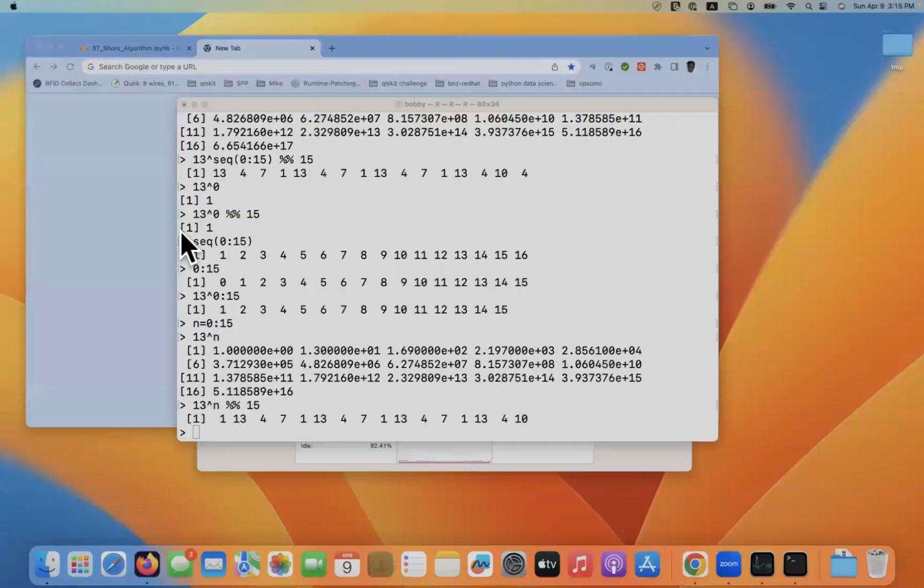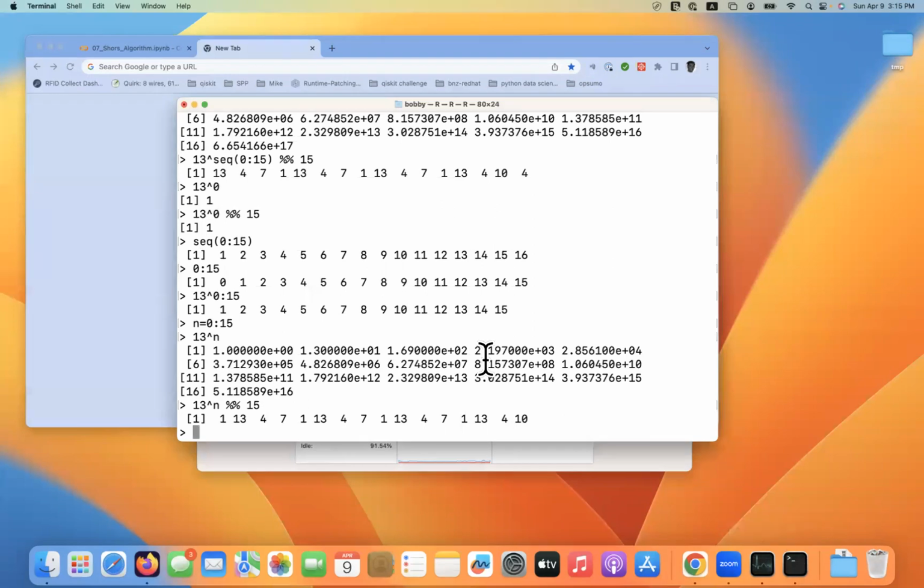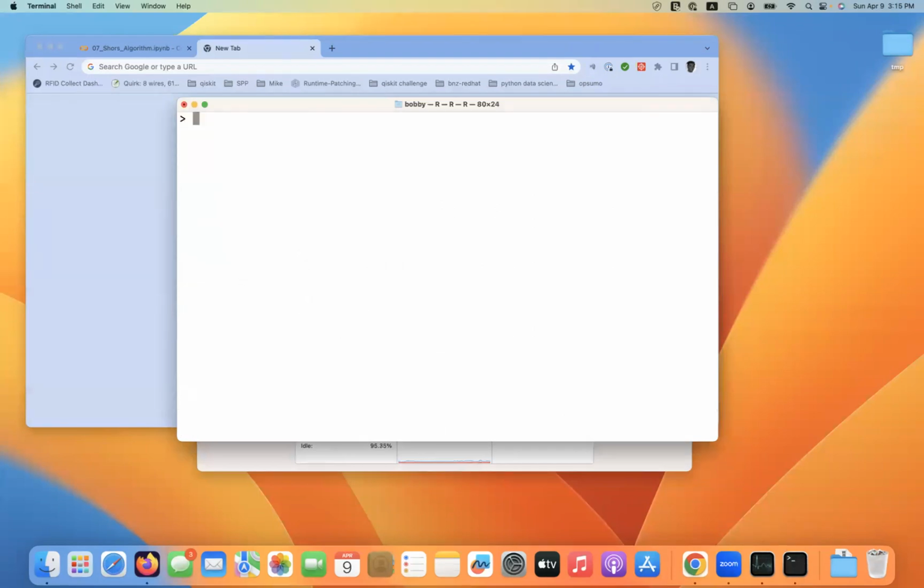Let's go to this one here. I prepared this for you. I'm using the application called R, so I'm very familiar with it.